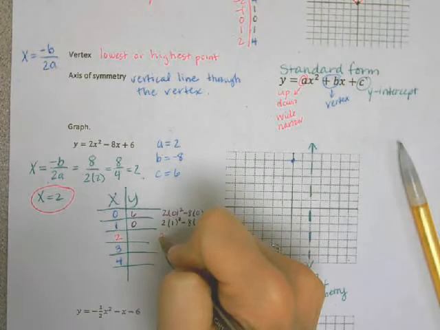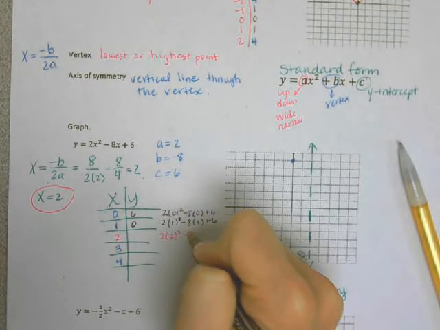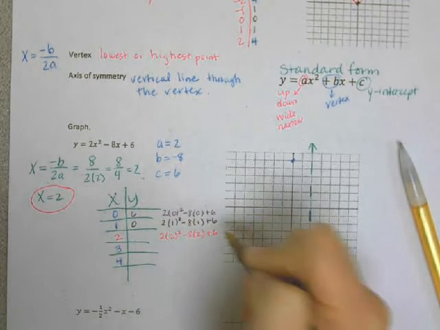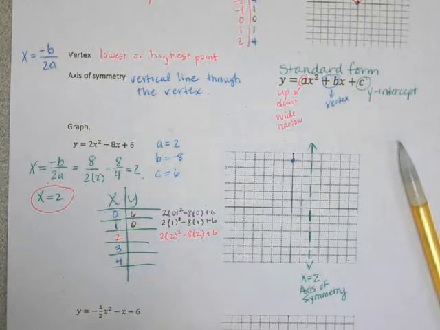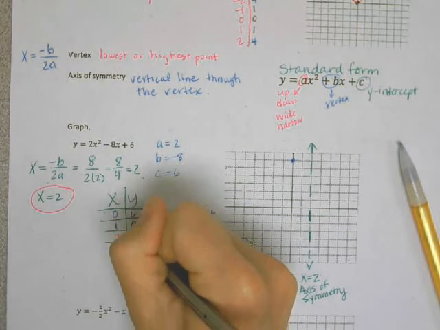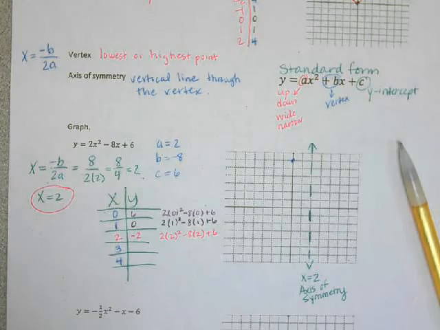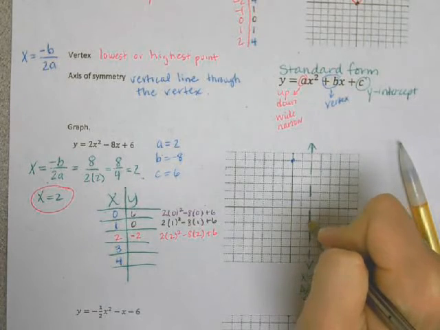I could plug in the 2. If I plug in 2 to my calculator, I will get negative 2. That's my vertex, 2, negative 2.